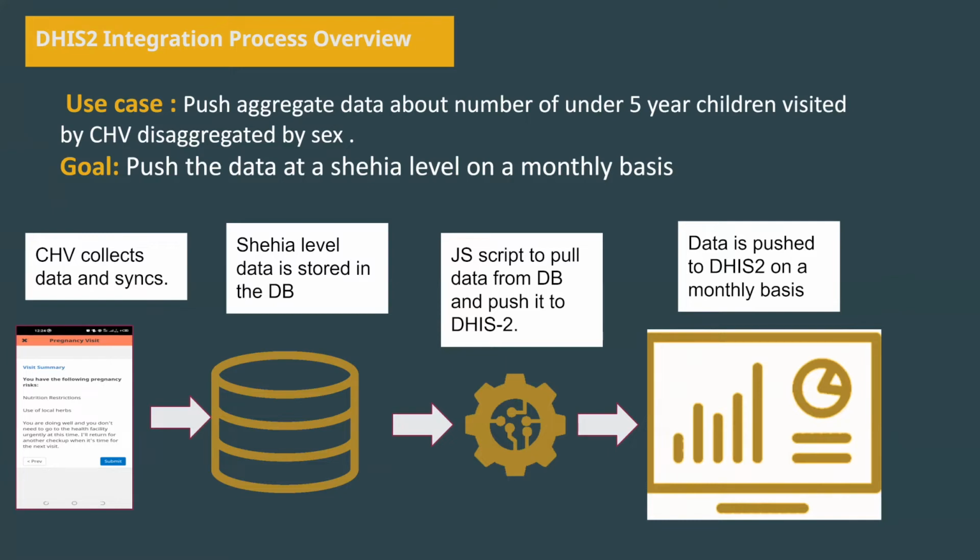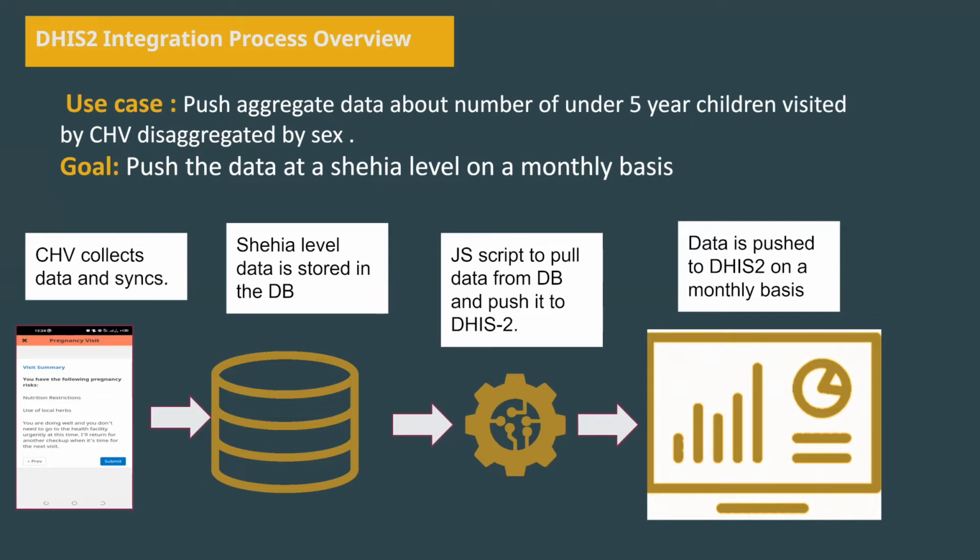So I'm going to be focusing on this third step, not necessarily on the script or the code that we wrote, but mostly on the connection or the mapping between DHIS2 and the data that we have.